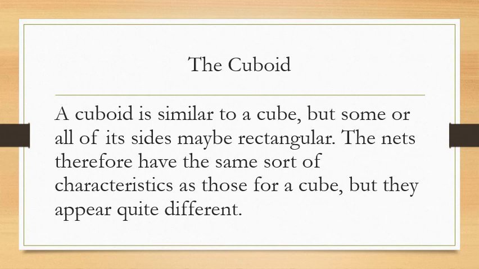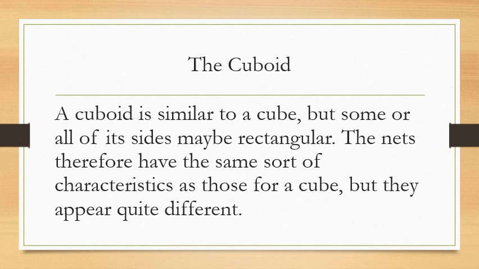Now we'll be learning about the cuboid, and it says here a cuboid is similar to a cube, but some or all of its sides may be rectangular. The cuboid is similar to the cube, meaning that they have some properties in common, but some or all of its sides may be rectangular.